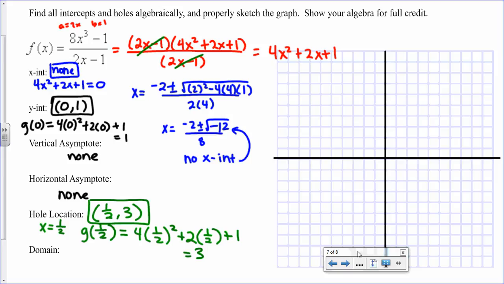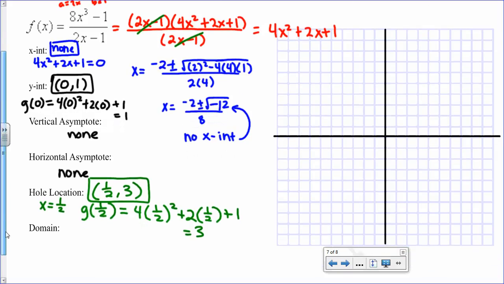It tells me that I'm going to have a hole right here. And so that's why I had to do the simplified version for the x-intercepts. Otherwise you would solve that and you would get solutions for x, and there are no x-intercepts. When you actually graph it, you'll be able to tell that it doesn't cross x. So after you simplify, you can just use the simplified version. Just don't forget that it has a hole.